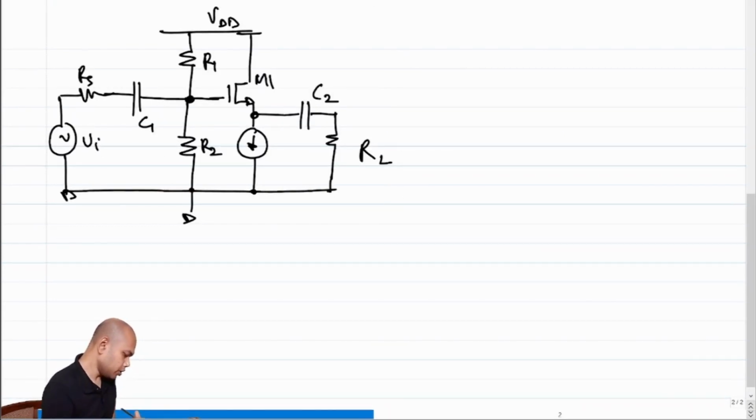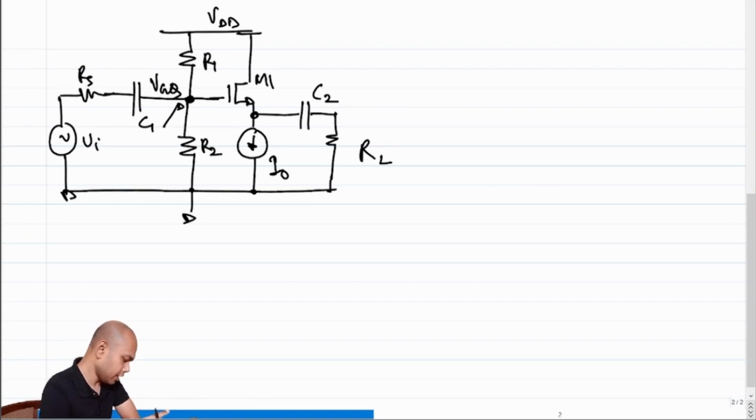Okay, so what should we do to establish swing limits? What is the first thing that we need to do? We need to first find out the quiescent voltages and currents. So what is the quiescent voltage? We establish that I have some current I naught and we have some voltage VGQ, right?